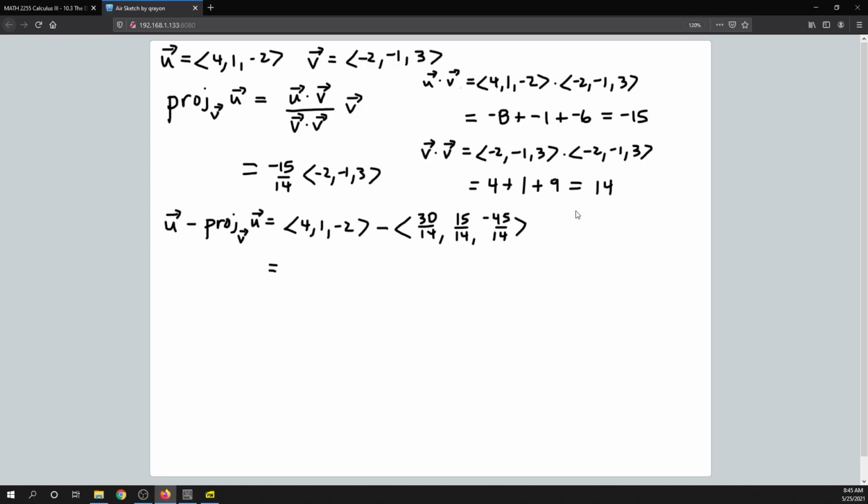And so now I'll need a common denominator, which is going to be 14. So 4 times 14 would be 56, over 14. This would be 14 fourteenths, just getting a common denominator. And that would be minus 28 fourteenths.